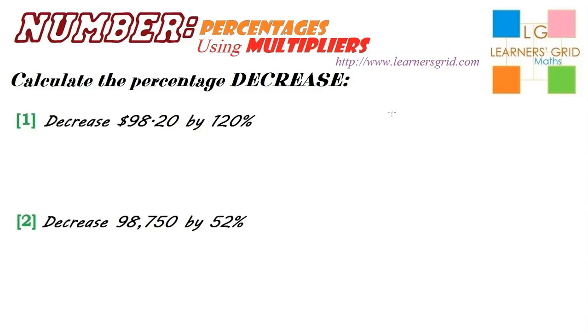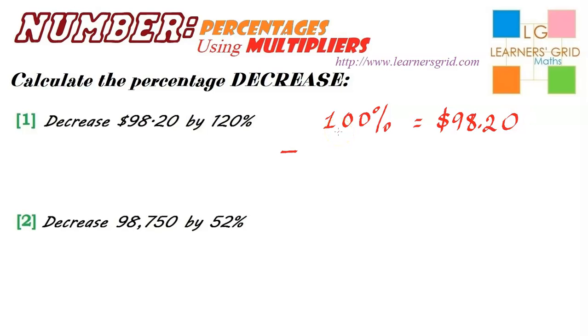So how do we figure out what our multiplier is going to be? Now, our multipliers are a decimal number, and we just have to multiply the original amount by that decimal number to get the answer. So the only problem is how to get that decimal number, which is going to be our multiplier. Here's how we can think about it. 100% of the original number is, in this case, $98.20.